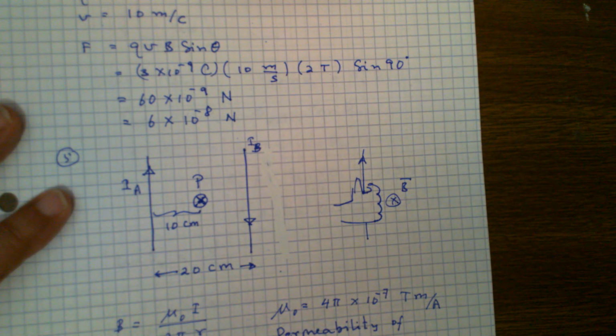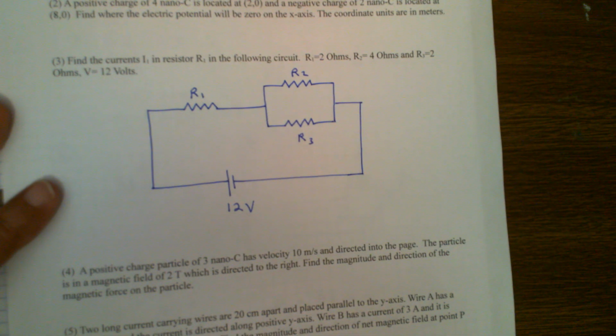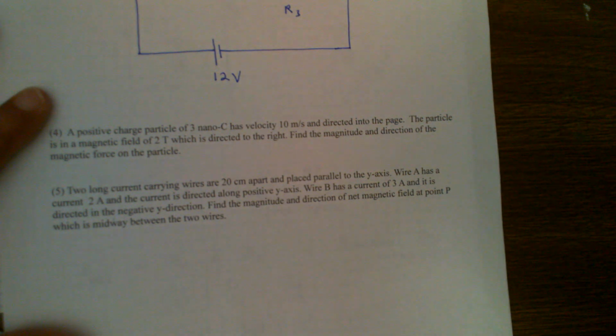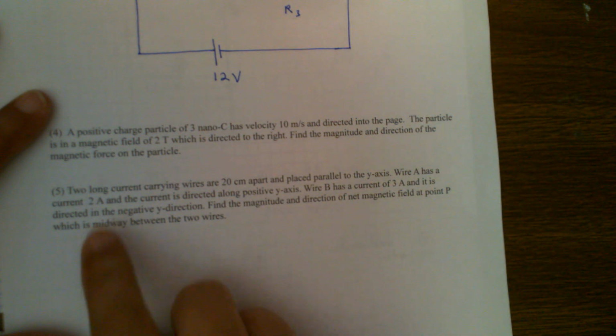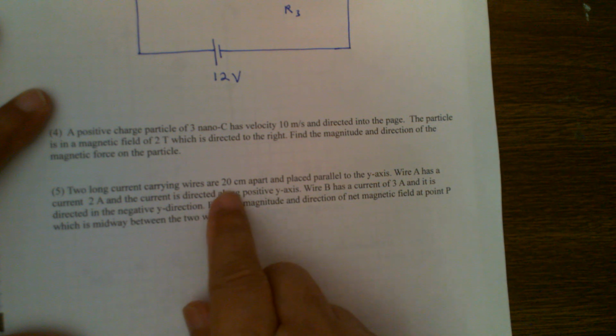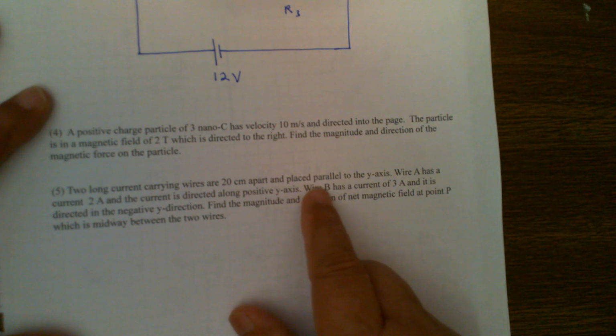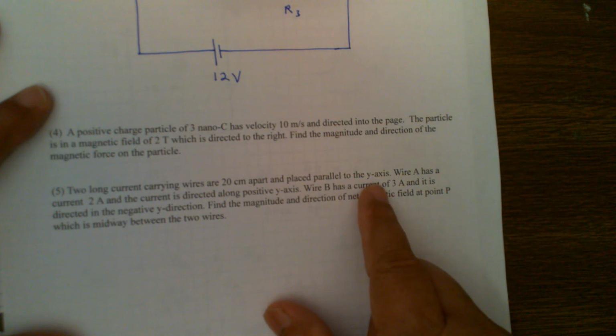Number 5 is 2 long current carrying wires. 2 long current carrying wires are 20 centimeters apart and placed parallel to the y-axis.